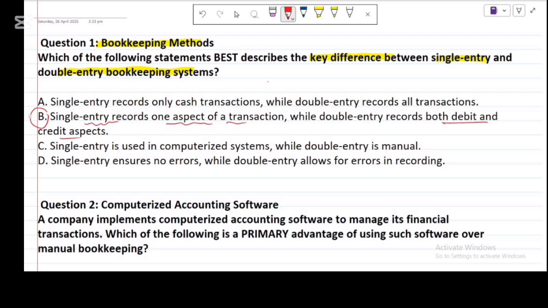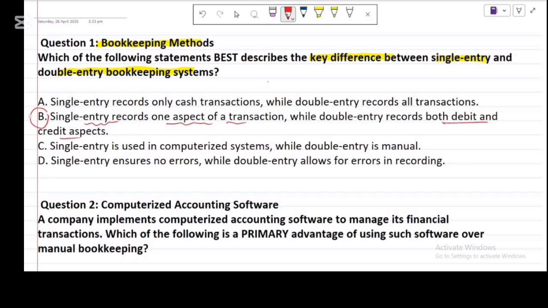On the other hand, in contrast, the double entry bookkeeping system, as we have discussed, records both aspects of the transactions, debit and credit for each transaction, ensuring that the accounting equation, that is, assets equal liabilities plus equity, remains balanced. So this method is more accurate and widely used in professional accounting. So option B is the correct one.